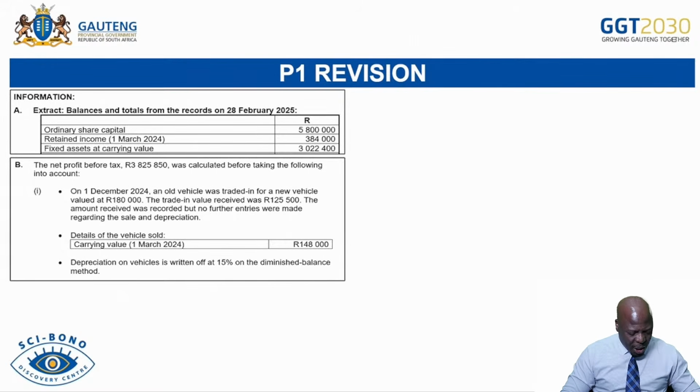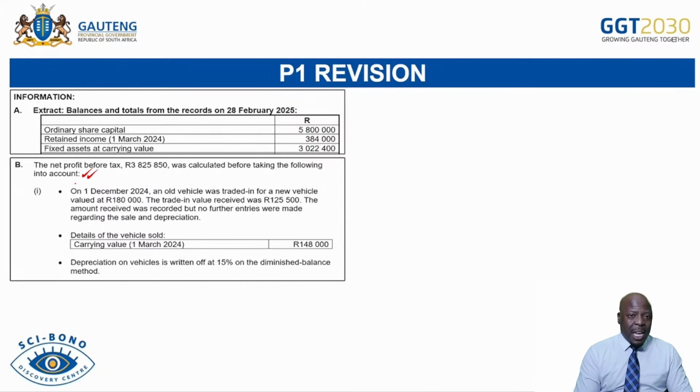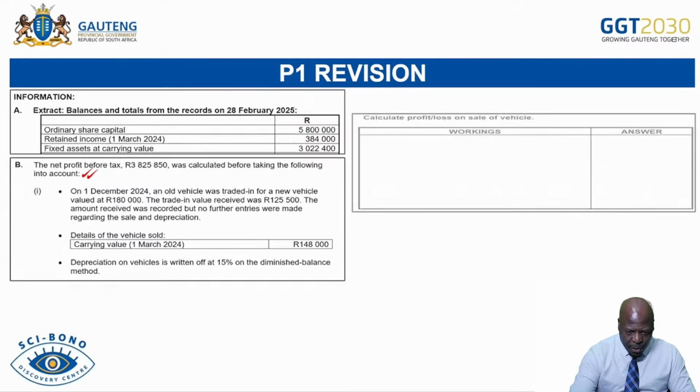So the first adjustment that we have, we are given obviously the net profit before tax, which is 3,825,850. And they say it was calculated before taking the following into account. So we need to take into account a couple of adjustments and see how they are going to affect the calculations.